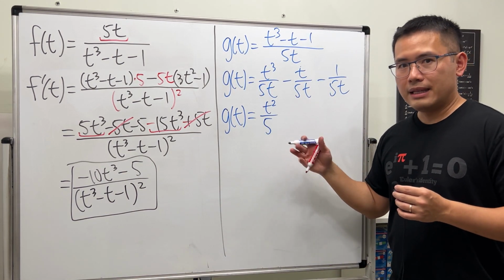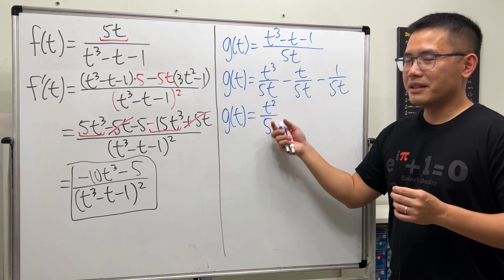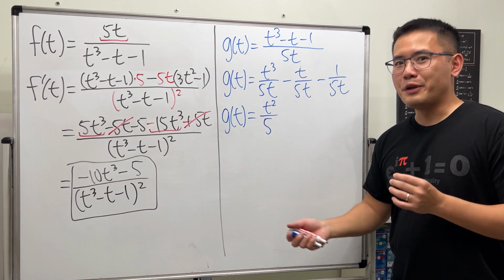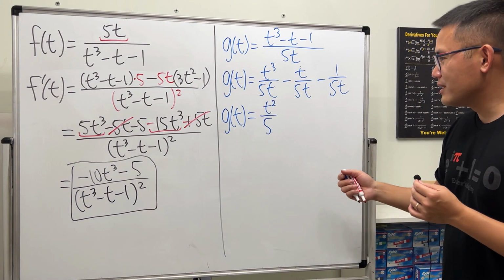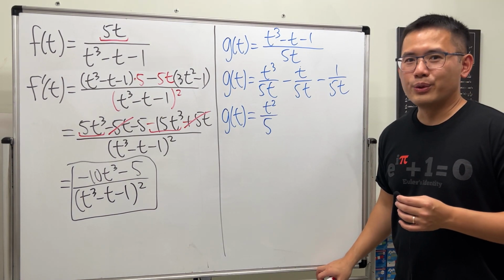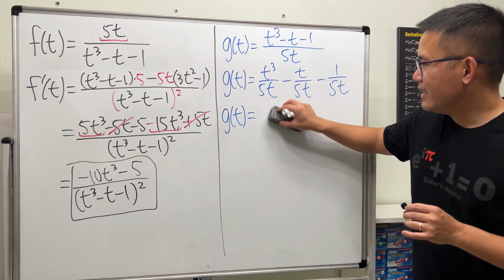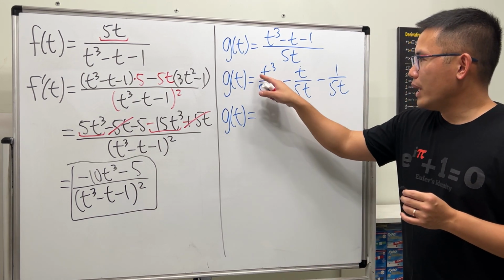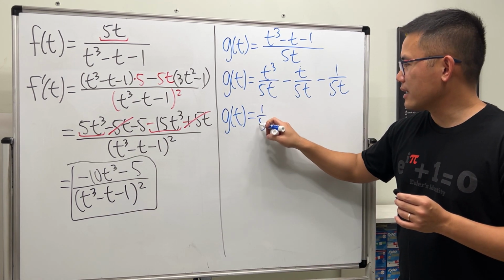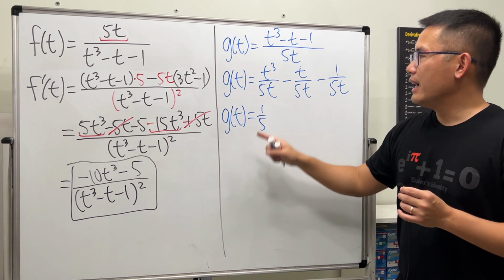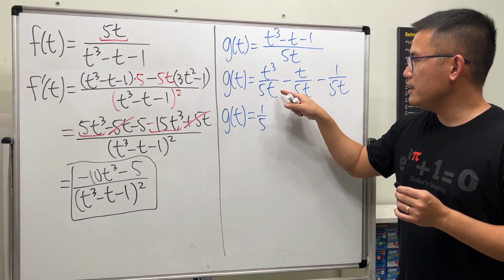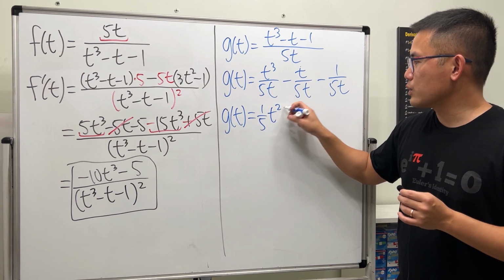But let me avoid putting this down in fraction form, because I know some people will say it's a fraction, let's use the quotient rule. No. Here's the little tip. Write 1 over 5 like a coefficient at the front like this. And then t cubed over t to the first, write it as t squared.